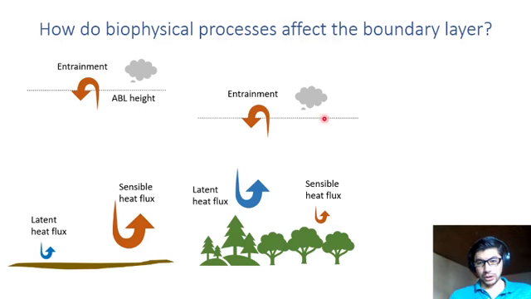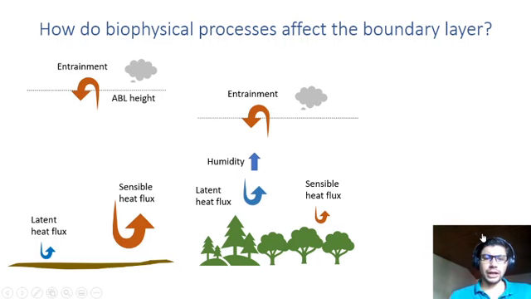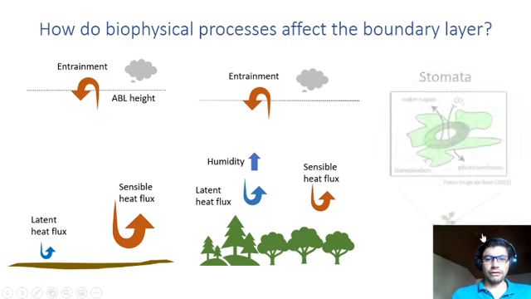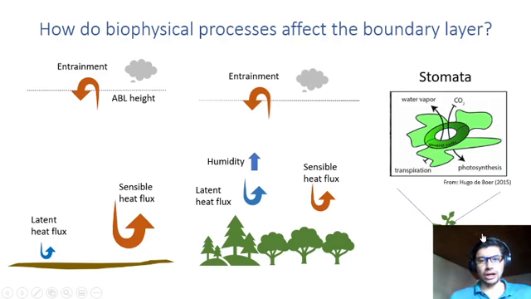However, because higher latent heat fluxes also increase the humidity, there could be a feedback where latent heat fluxes are reduced and therefore sensible heat fluxes are increased and the boundary layer can grow again. Very importantly, all these processes are controlled by stomata, which are these organelles on the leaf that control how much water is exported to the atmosphere.